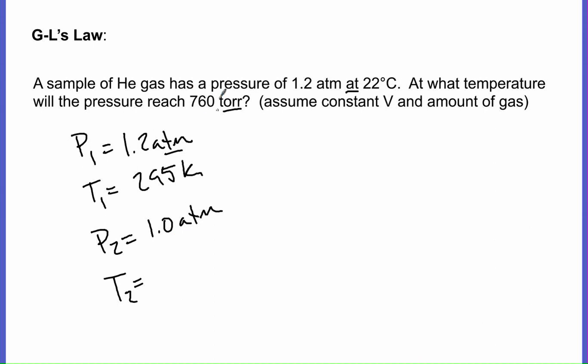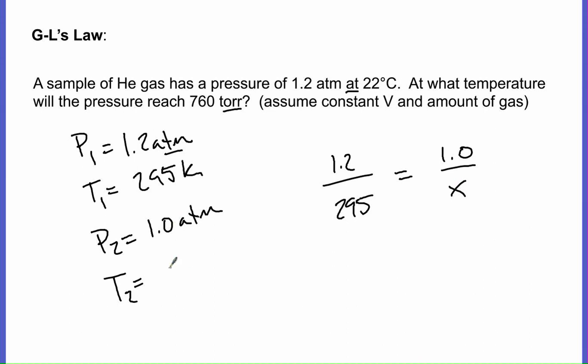Whereas if this was 787, you'd have to divide by 760 to figure out what atmosphere that is. So don't do that in that case. But it went from 1.2 to 1. That means that my pressure is decreasing slightly. So I would guess that my temperature is going to decrease slightly.